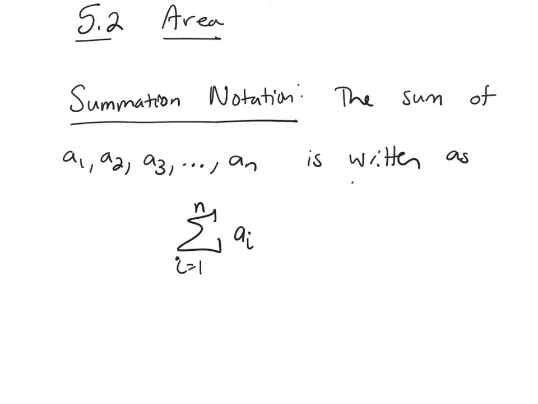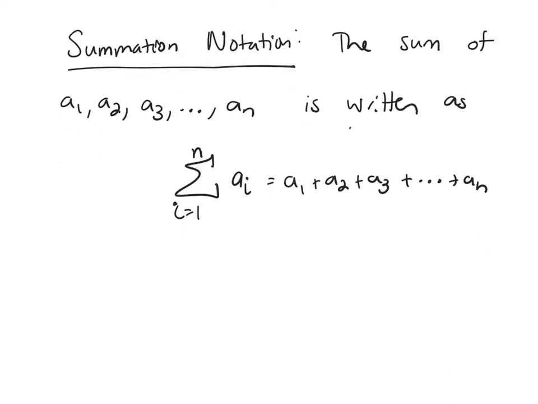So this again represents A1 plus A2 plus A3 all the way up to AN. So this number down here, this 1, this is called your lower bound. It's your starting value for i. And then this n here, this is your upper bound.